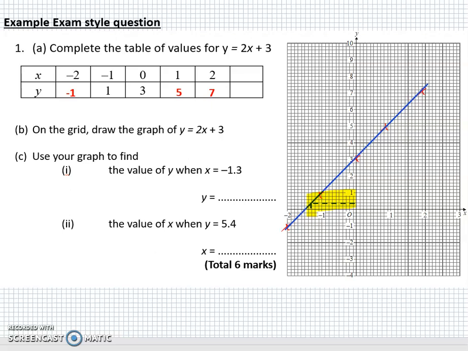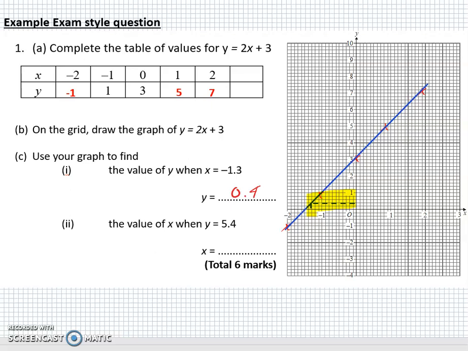I've drawn a vertical line until I hit my diagonal line, my equation, and then I'm going horizontal to read off what my y value would be. This is my y-axis here, so we're going up 2 squares, so it would be 0.2, 0.4. That would be my answer, 0.4.